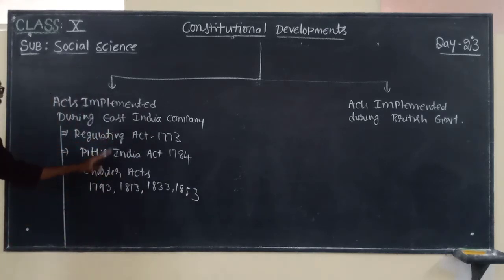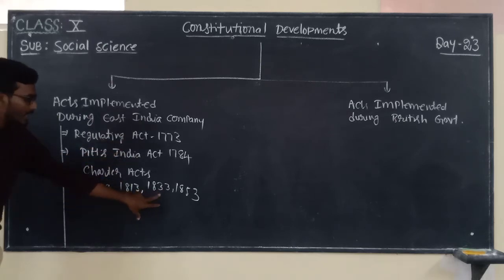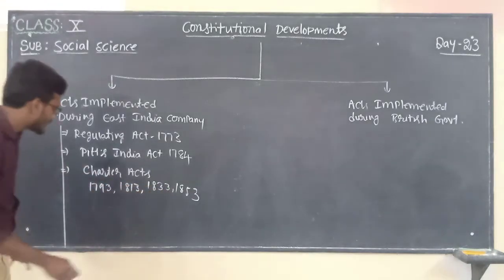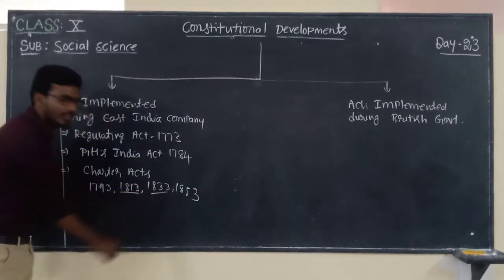These are the acts implemented during the rule of East India Company. Regulating Act, Pitt's India Act, Charter Acts 1793, 1813, 1833, 1853. We discussed only 1813 and 1833.